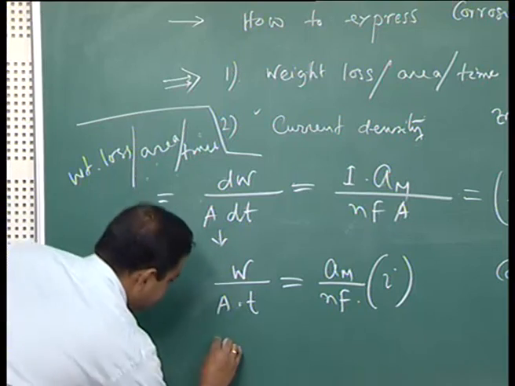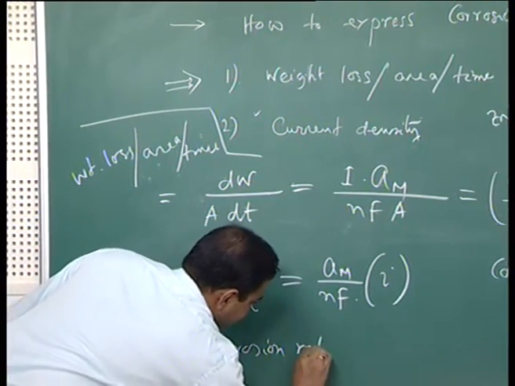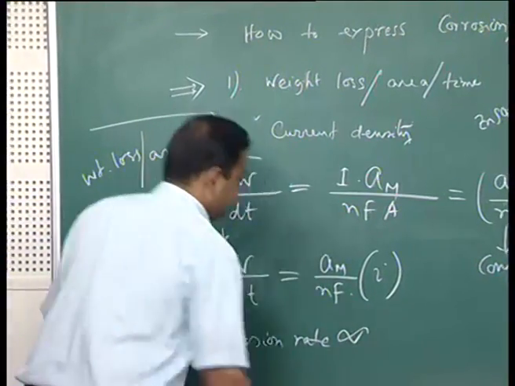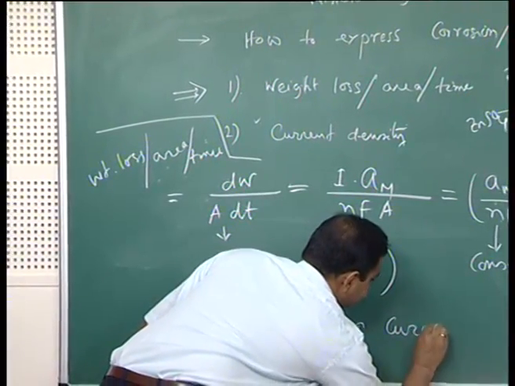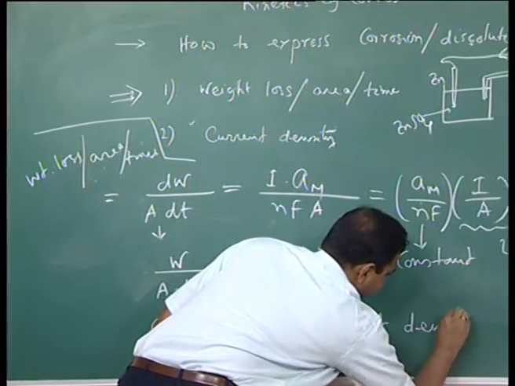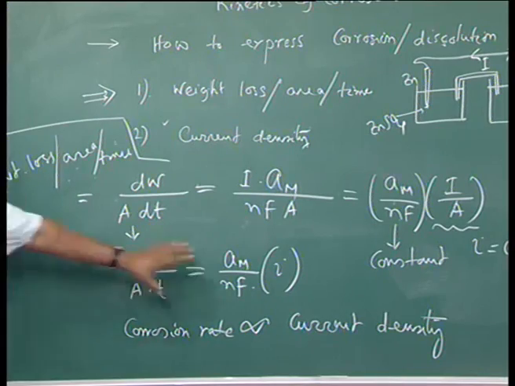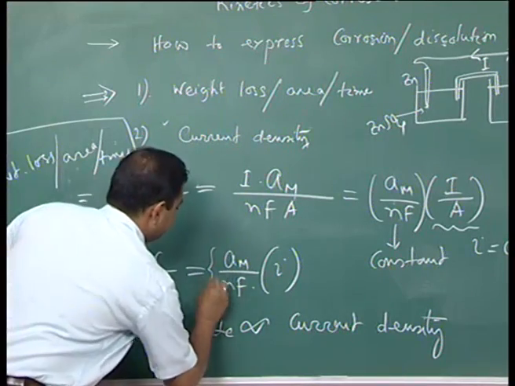Or I can write corrosion rate proportional to current density, because this part is constant.